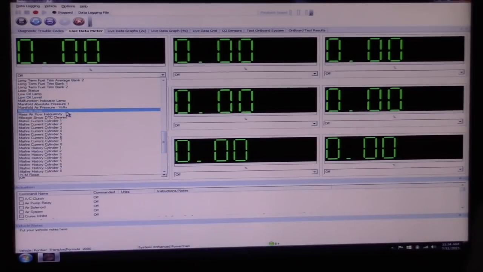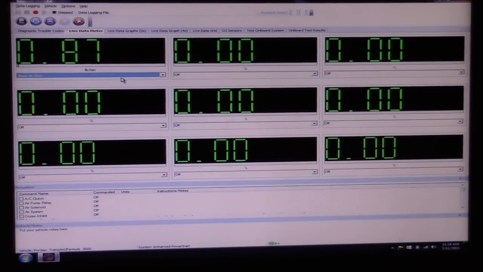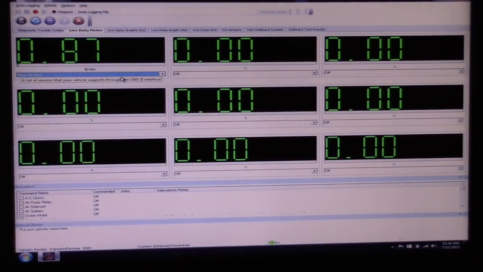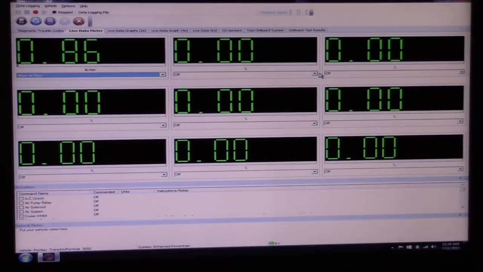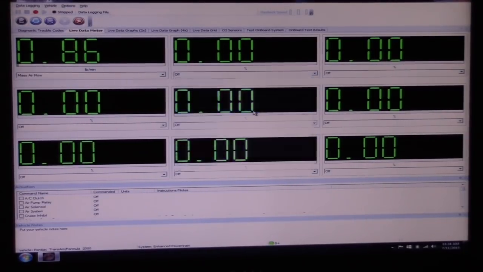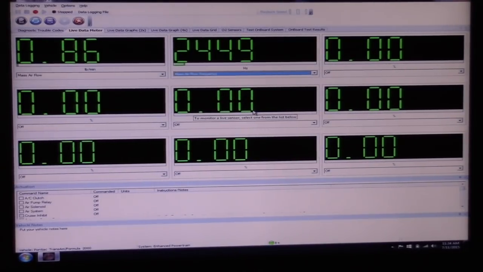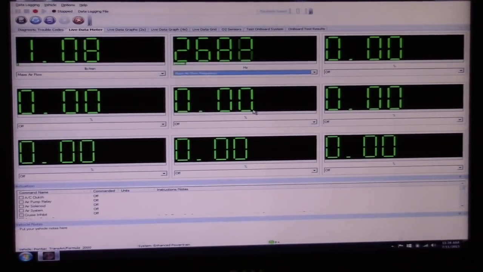All right, so here we've got an indication of the pounds per minute. There may also be a specification there, but we're looking for frequency. And we can see our mass airflow frequency is a little bit high, but again, this is normal for my car because of some modifications I've done. But this is what we would expect. We should see a dramatic increase. It went up to about 6,000 there.